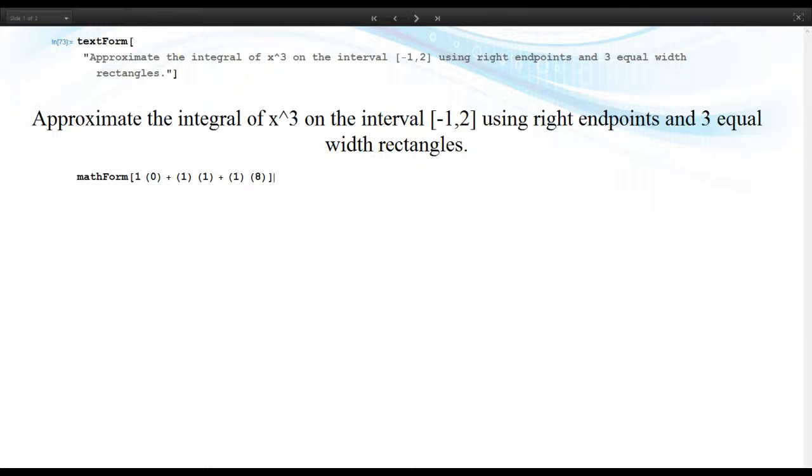So our rectangles are going to have width 1, and then height 0, 1, and 8 respectively, and the Riemann sum is just the sum of these rectangles. So the approximation that we got is 9. We have 9 units of area in our rectangles.